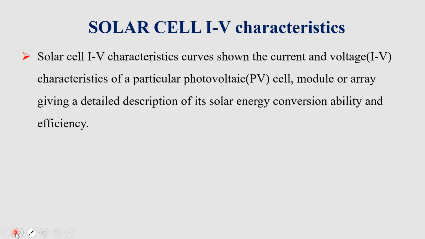Solar cell IV characteristic curves show the current and voltage characteristics of a particular photovoltaic cell, module or array, giving a detailed description of its solar energy conversion ability and efficiency. Different cells have different curves.